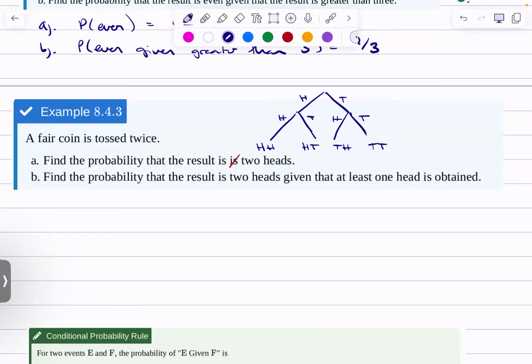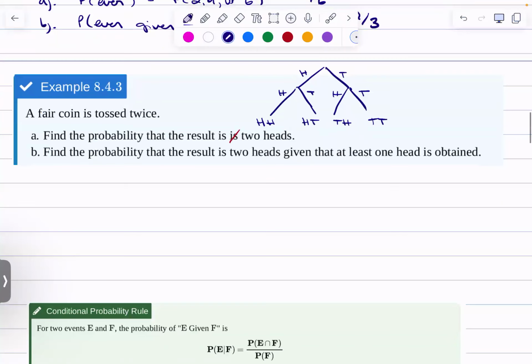Which you had to do on test 2, list all the possible outcomes. And so if we want to find the probability that the result is 2 heads, there's only one thing out of the 4 that makes that happen.